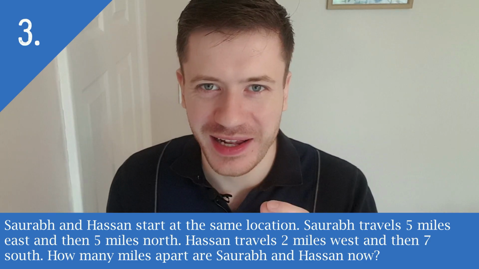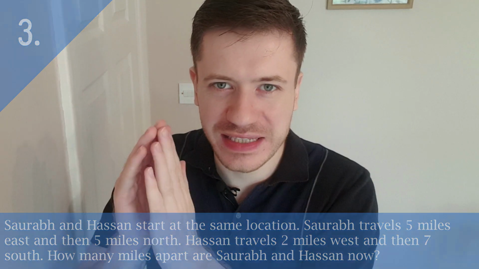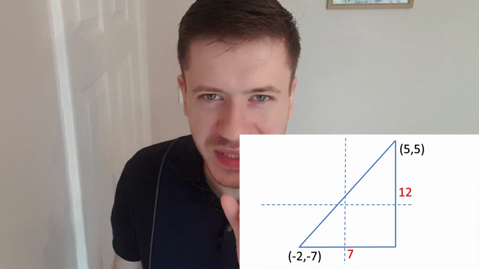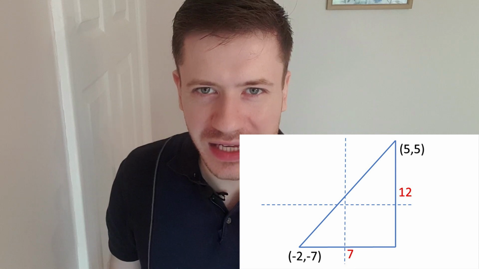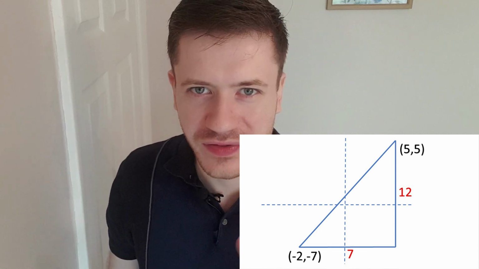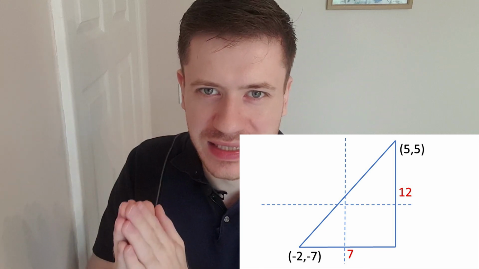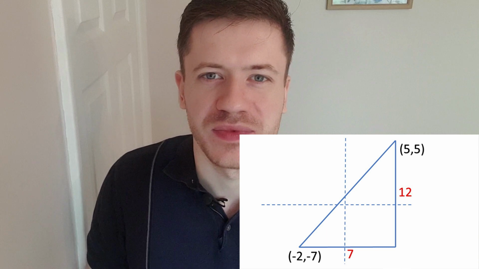We can now apply our amazing knowledge. What's the difference between 5 and -2? We've got to be super careful though, because it's easy to make mistakes. Let's take that coordinate 5, 5, and we're going to minus it from the other coordinate -2, -7. We've got to be so careful here because of the double negatives.